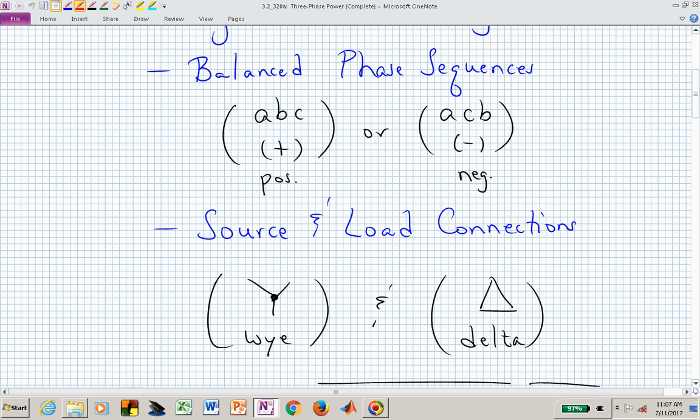We could have a Y that's a positive phase sequence or a Y that's a negative, or we could have a delta that's a positive or negative. So the phase sequence is different from the interconnection structure or the connection structure. And then in the subsequent video, we will talk about how we interconnect sources and loads, and we might actually hint at that or illustrate what that means in terms of pairing these up at the end of this lecture.